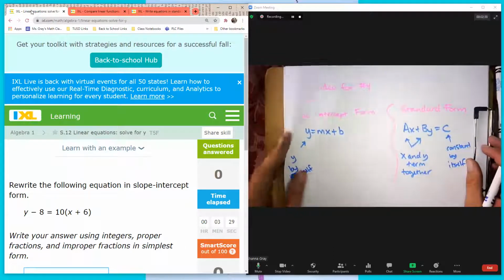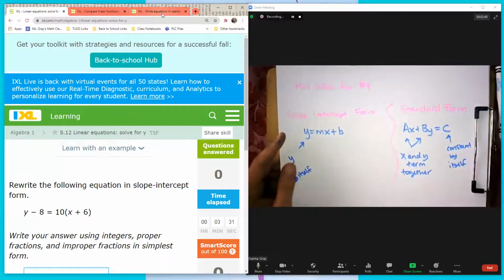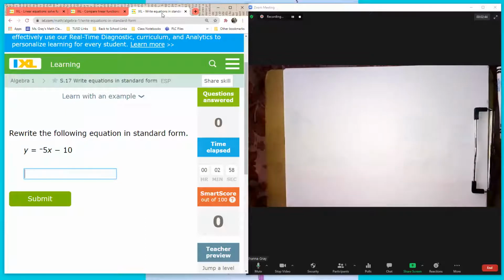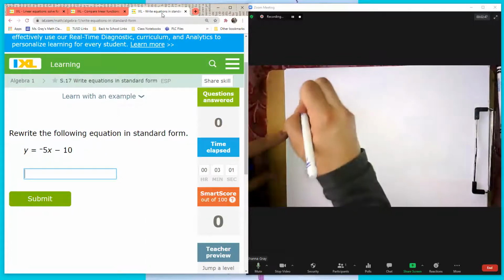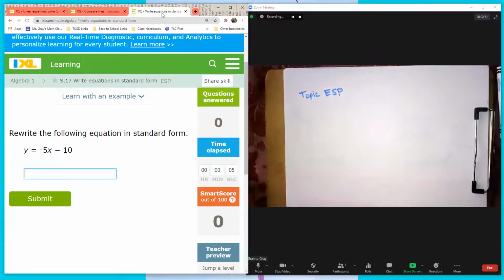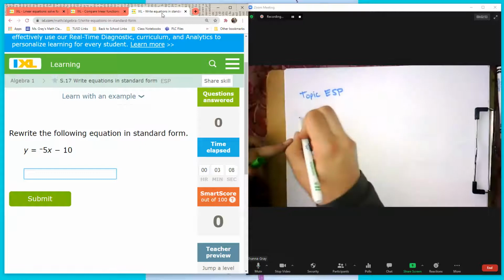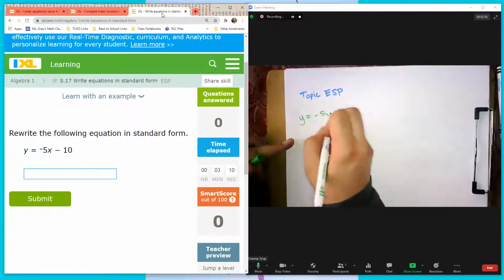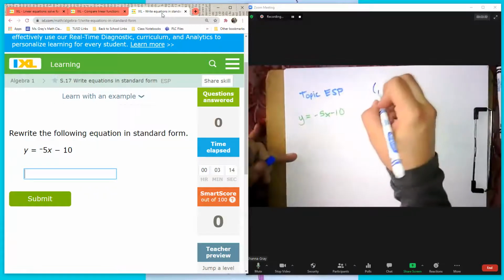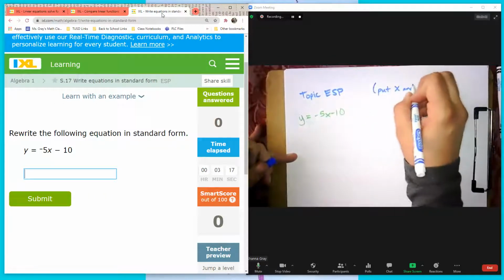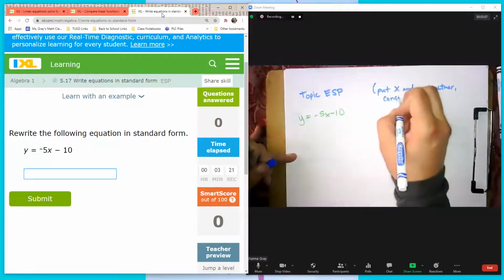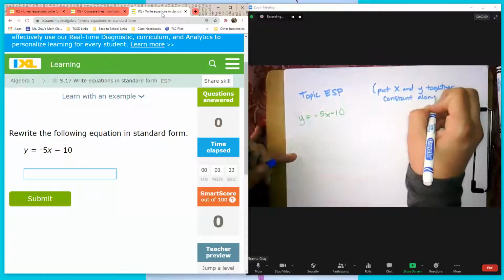So let's start with the easiest one, which is changing into standard form. If I look at the example y equals negative 5x minus 10, basically my goal is to put x and y together, constant alone.